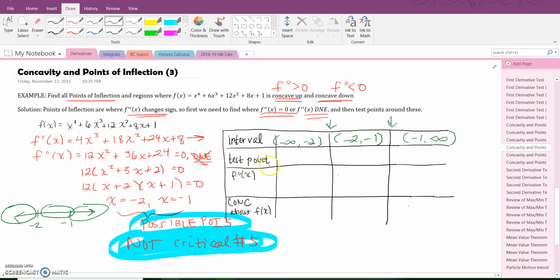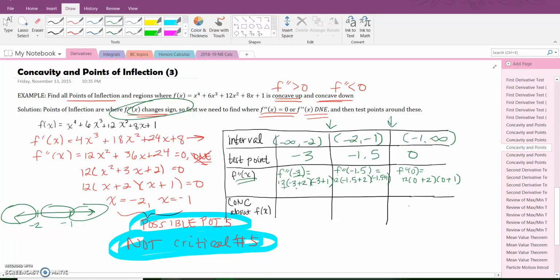So just like for the first derivative test, I'm going to get test points, but I'm plugging them into the second derivative to see where the second derivative changes sign. Very similar, but the main difference is we plug in the second derivative. So I'm going to pick, let's say, -3, -1.5, and let's do 0. Plugging in, I'm showing my work plugging in. I don't need a value here. I just need to know positive or negative.